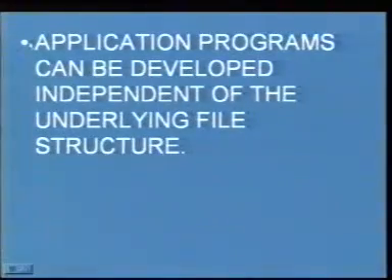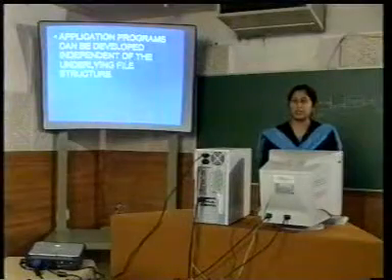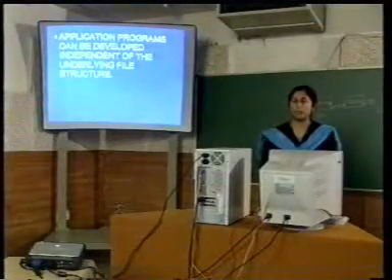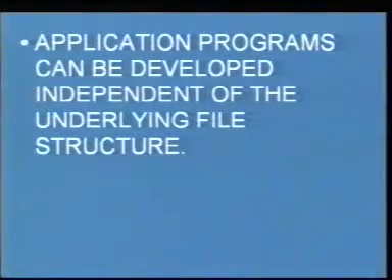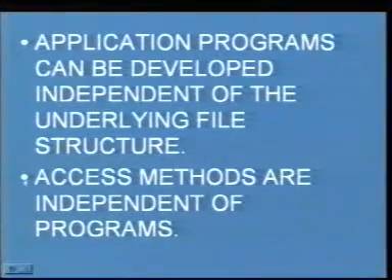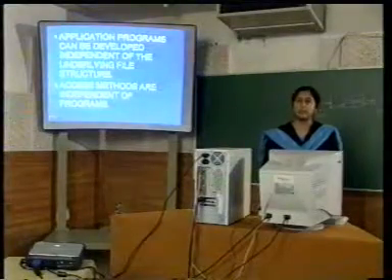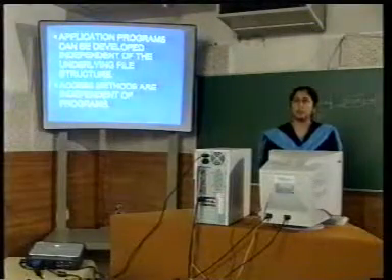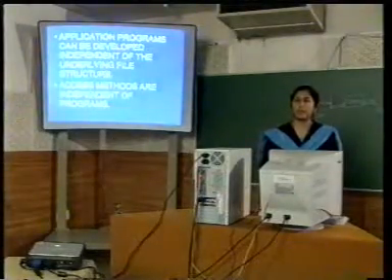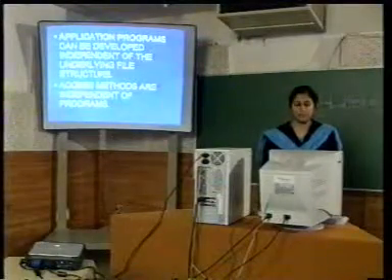This also means that application programs can be developed independent of the underlying file structure. This means whatever is the file structure, the application program should be totally independent of that, and that the access methods are independent of programs, which implies that whatever way we are accessing the data at the internal level should be totally independent of whatever way we make the application programs.